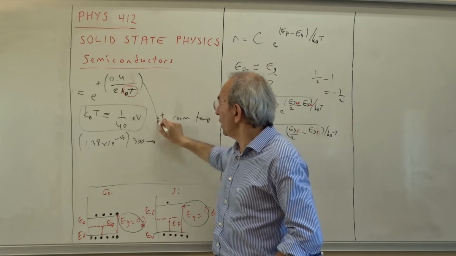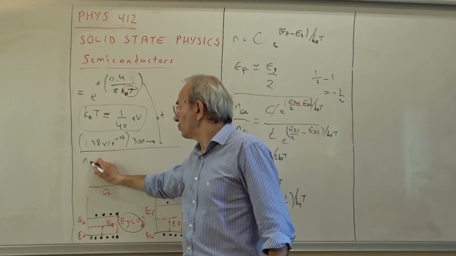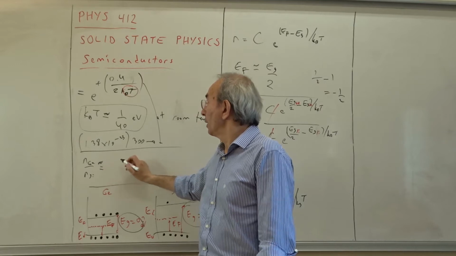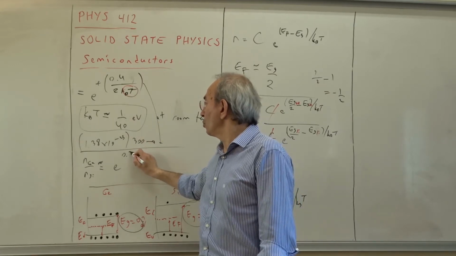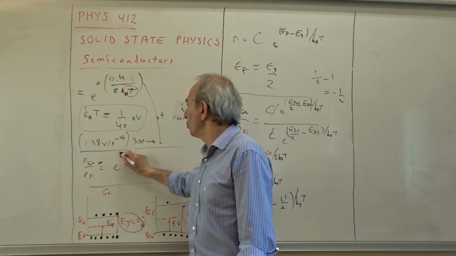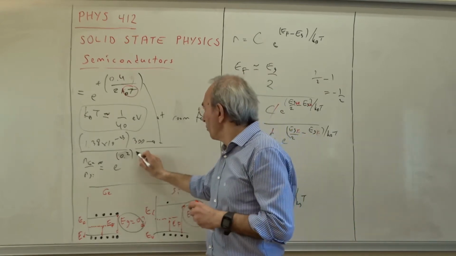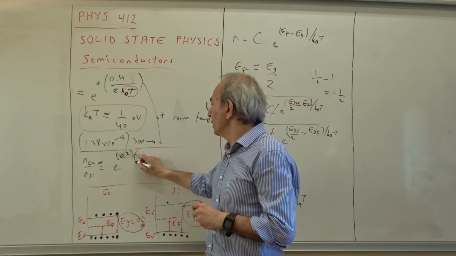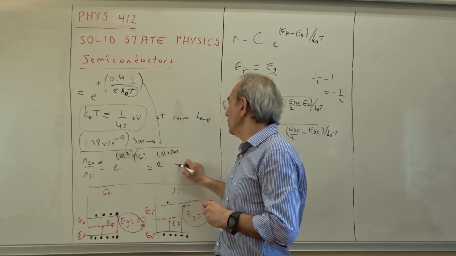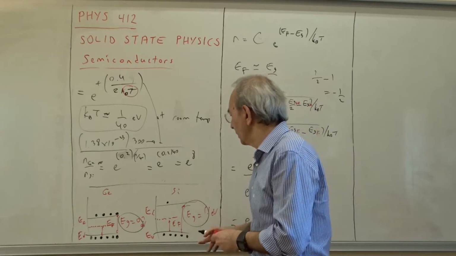It is easily obtained that the ratio N of germanium divided by N of silicon is approximately e to the 0.2 divided by 1 over 40. So 40 goes up, and it is just e to the 0.2 times 40, which is e to the 8th.